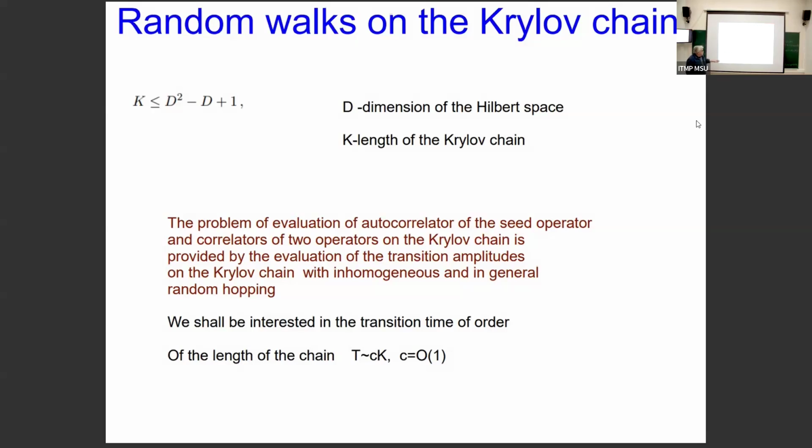We would like to select the time proportional to the length of the chain. And actually, in the numerical experiments 5 years ago, people considered approximately this value. So what happens in this situation?